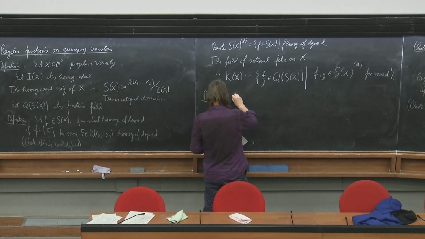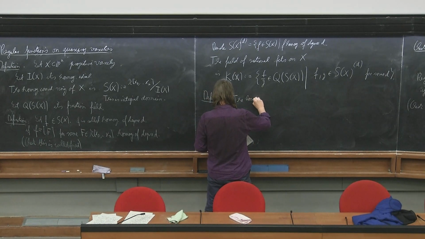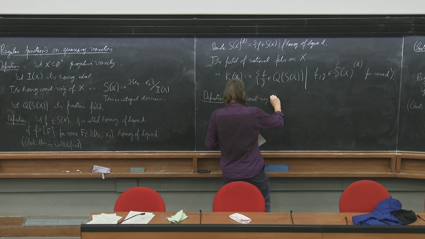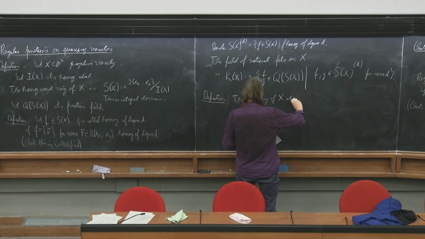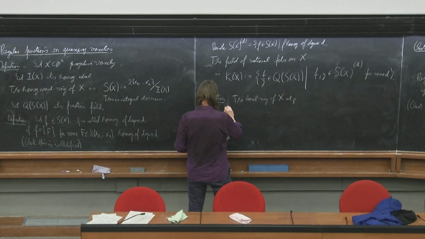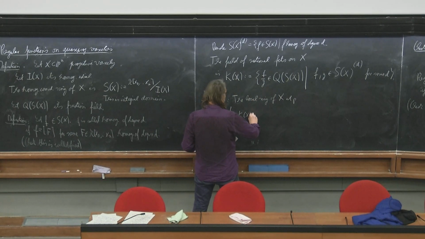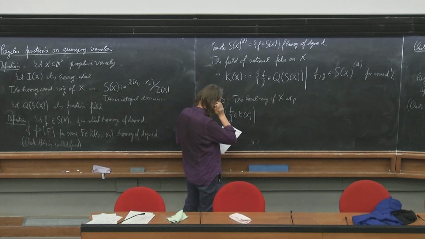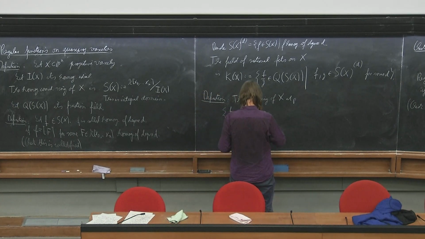So the local ring of X at P is again the set of all F divided by G in K(X), such that G(P) is different from 0.